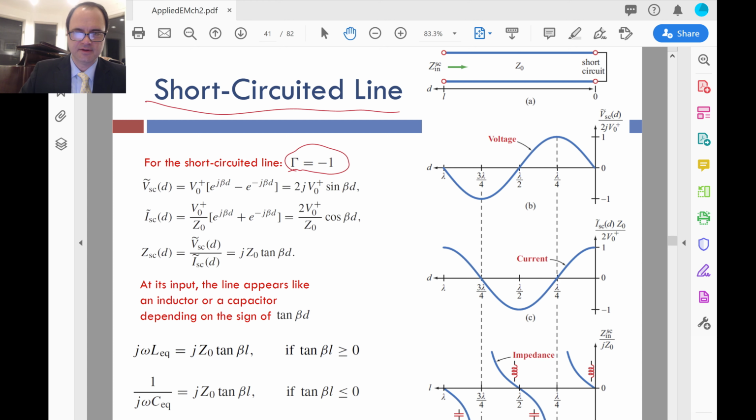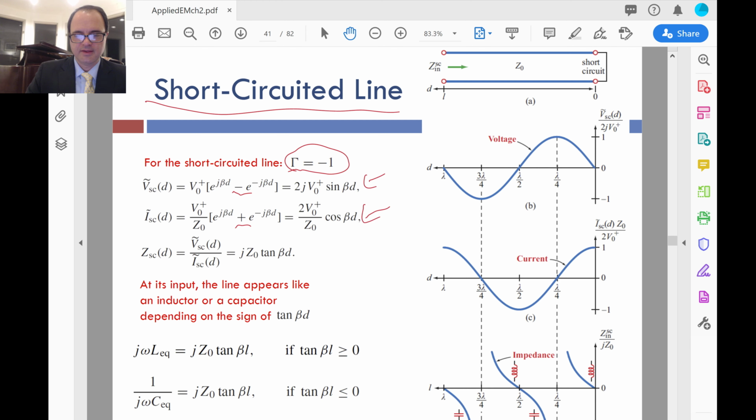So the backward propagating wave is equal in magnitude to the incoming propagating wave, but with a 180-degree phase difference. When you put that -1 into the equations for V and I, you get this relation.